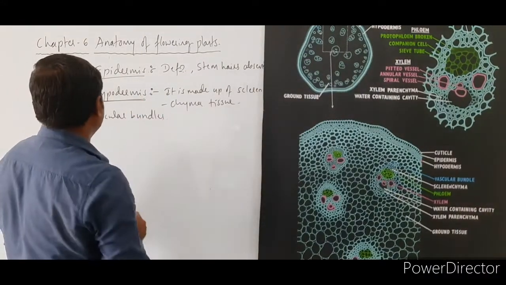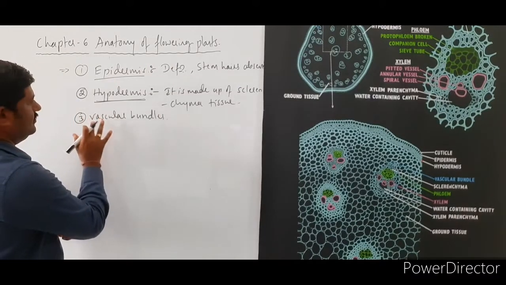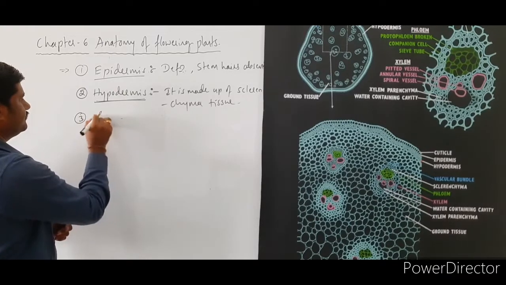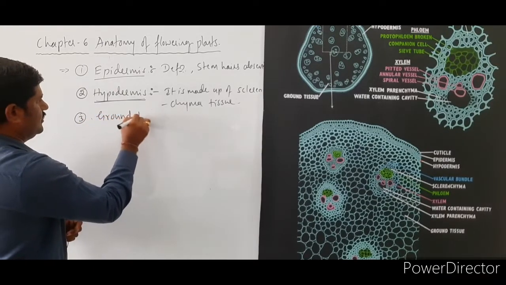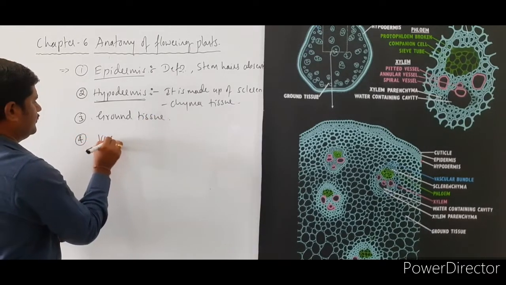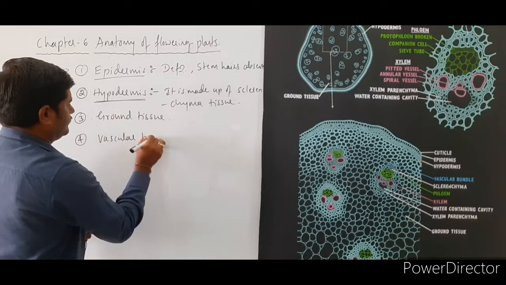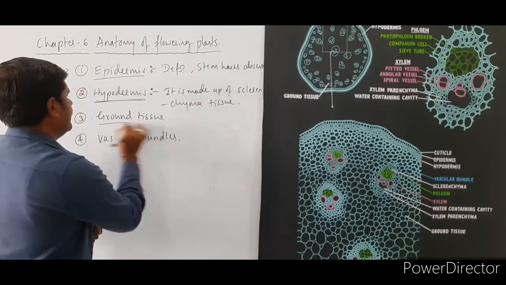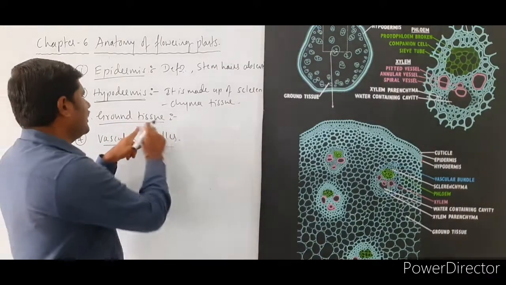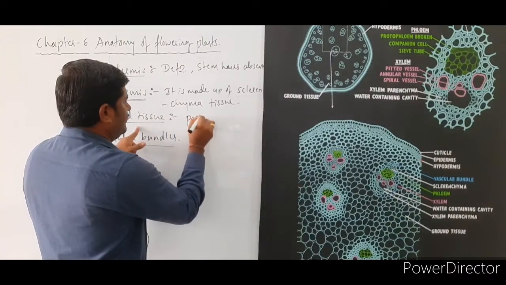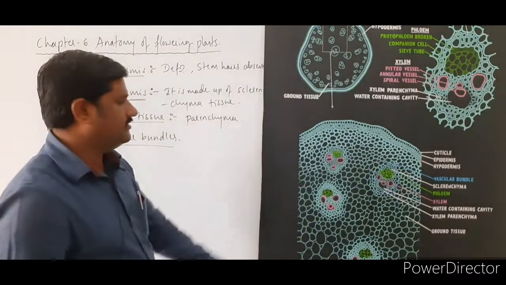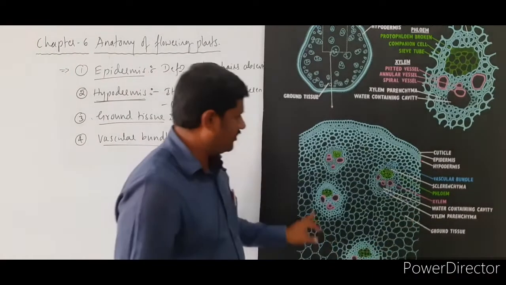Next point is ground tissue. I should write here ground tissue, and after the words, vascular bundles. What is this ground tissue consisting of? So this ground tissue is made up of parenchyma tissue itself, right?